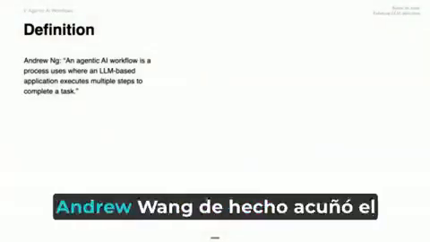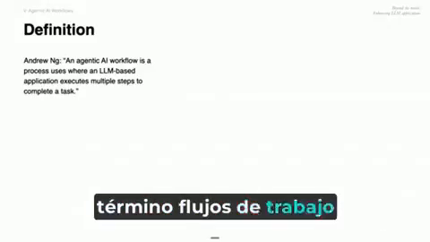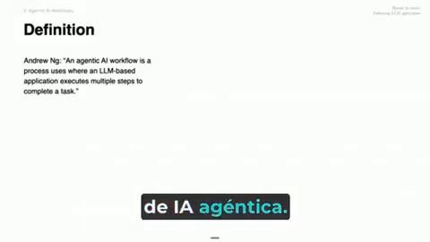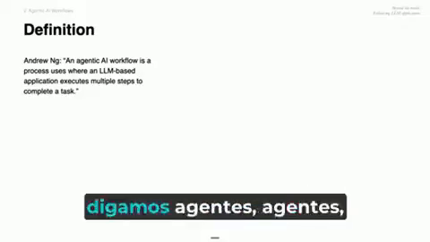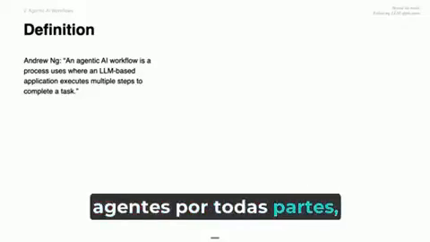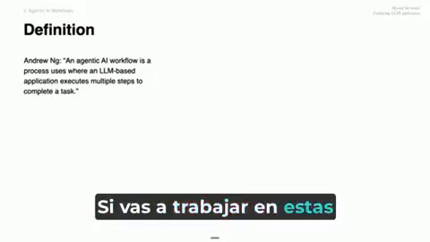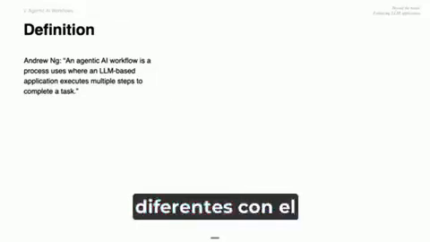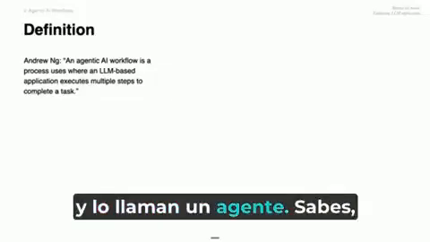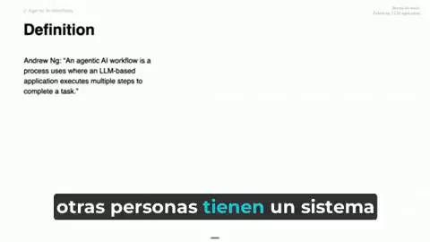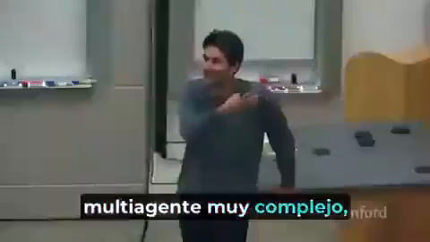So Andrew Ng actually coined the term agentic AI workflows, and his reason was that a lot of companies say agents everywhere. If you go and work at these companies, you would notice that they mean very different things by agent. Some people actually have a prompt and they call it an agent. Other people have a very complex multi-agent system.